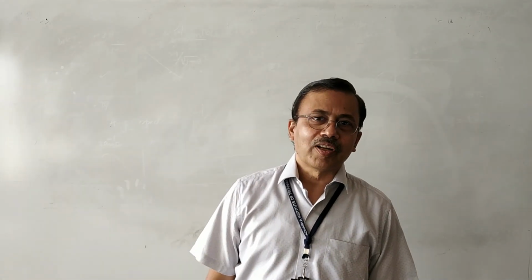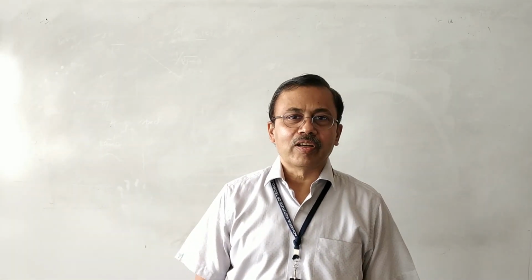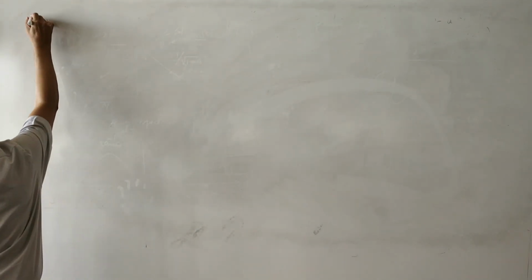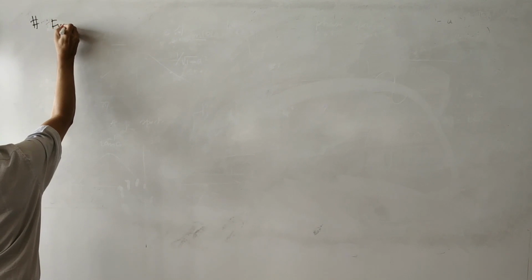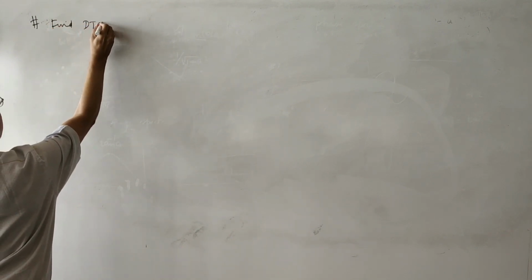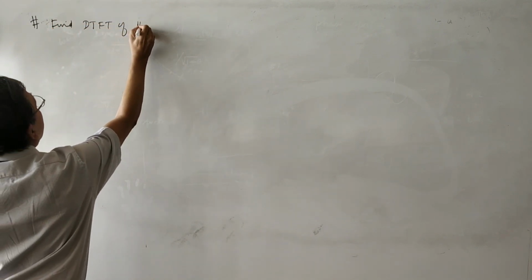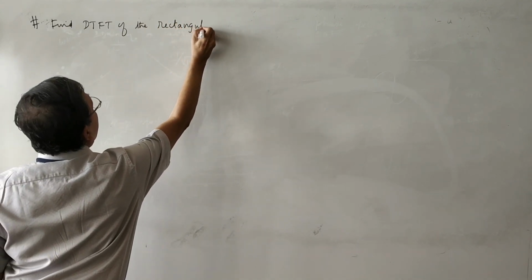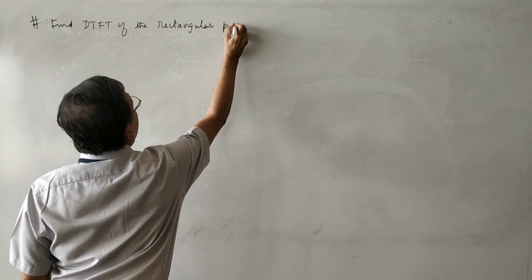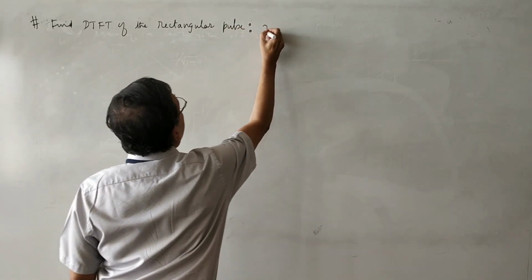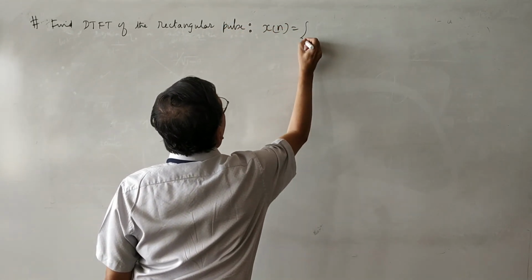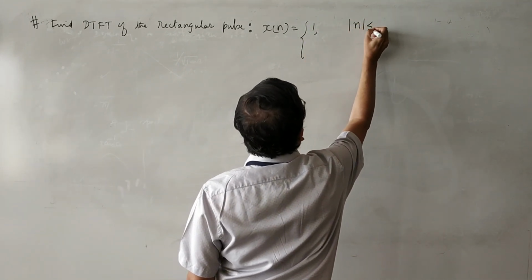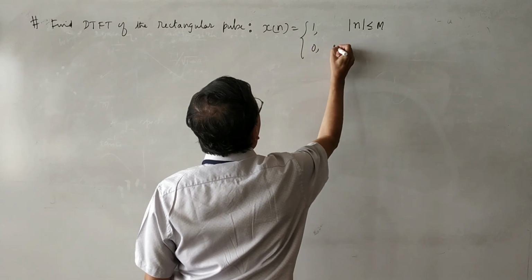Dear students, good morning. Today we will be continuing problems on discrete time Fourier transform. The problem statement is: find the DTFT of the rectangular pulse x of n equal to 1 for mod n less than or equal to M, 0 otherwise.